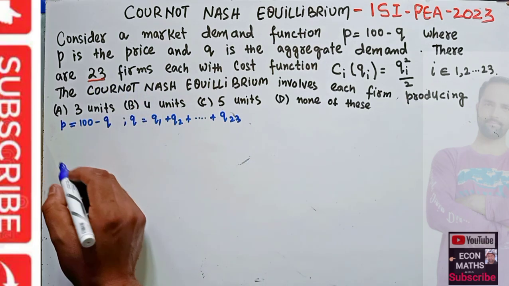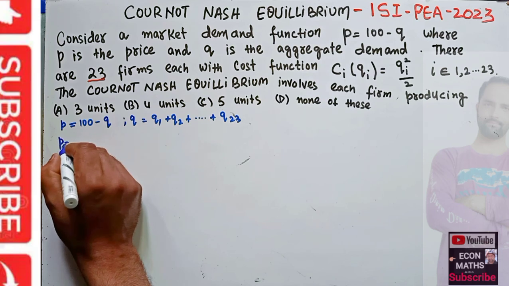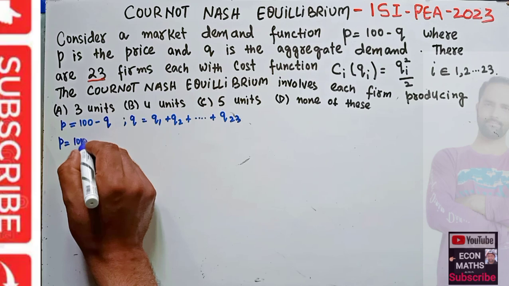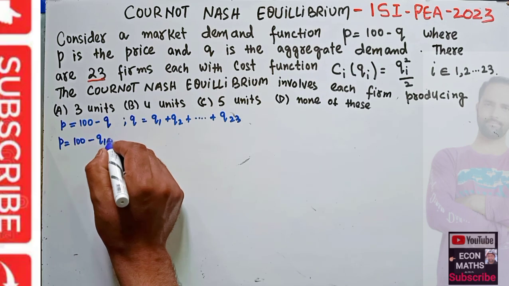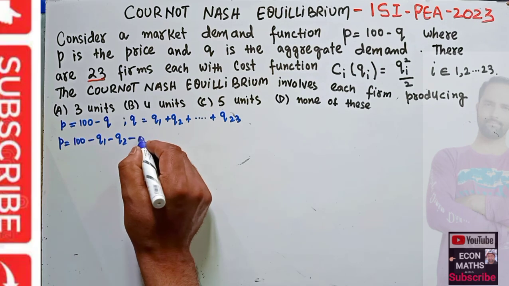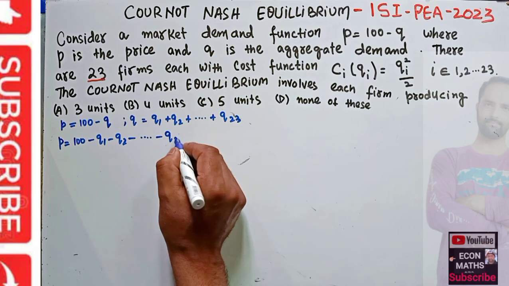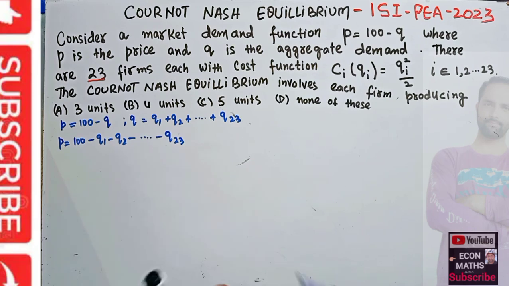So I can rewrite this: P is equal to 100 minus Q1 minus Q2 minus so on up to minus Q23. This is our market demand function.